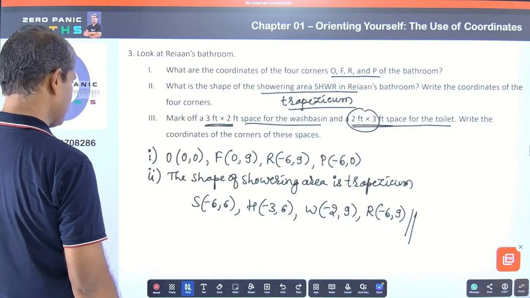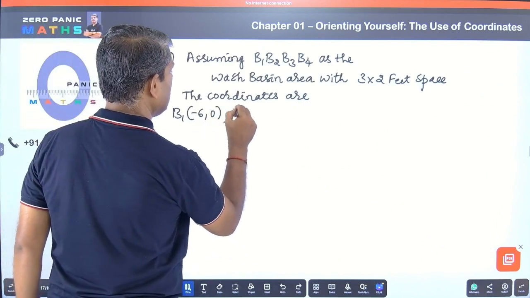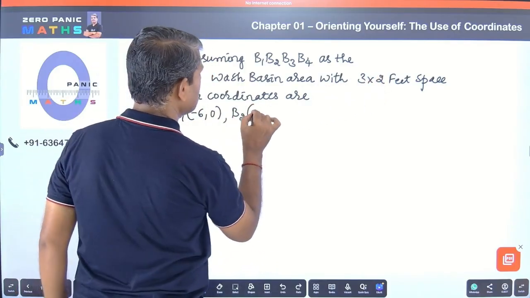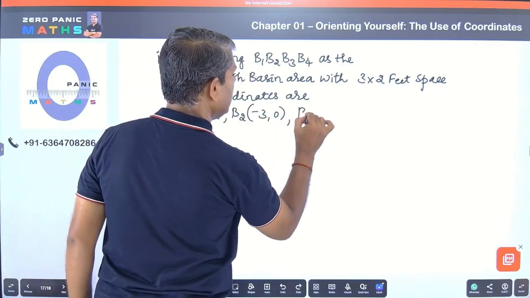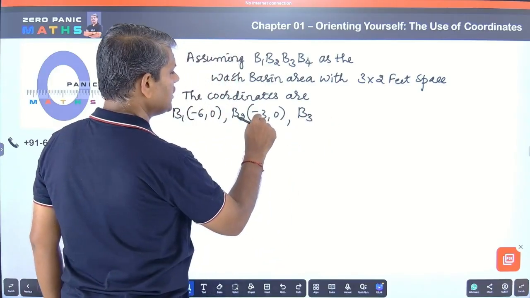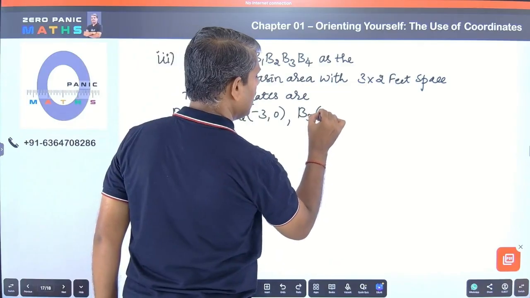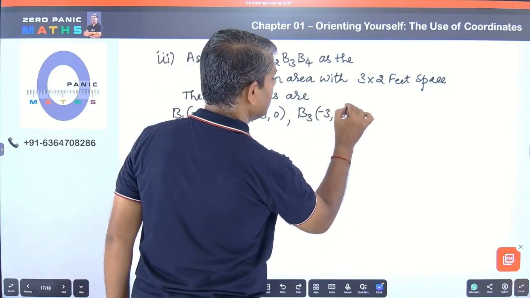Because it is 3 feet wide, it is -30. Now finally B3, the third point: towards the x-axis it is -3 only, and towards the y-axis it is 2.